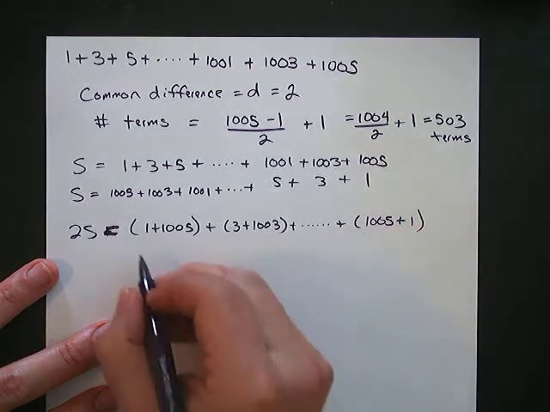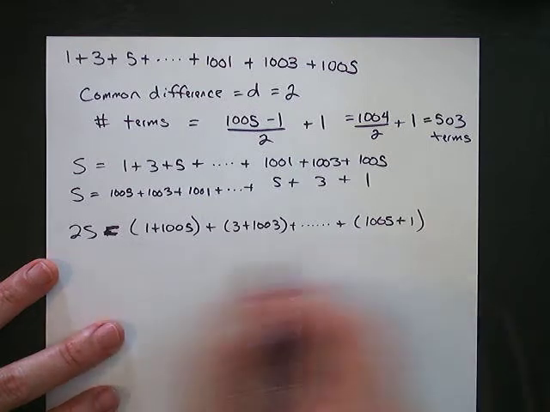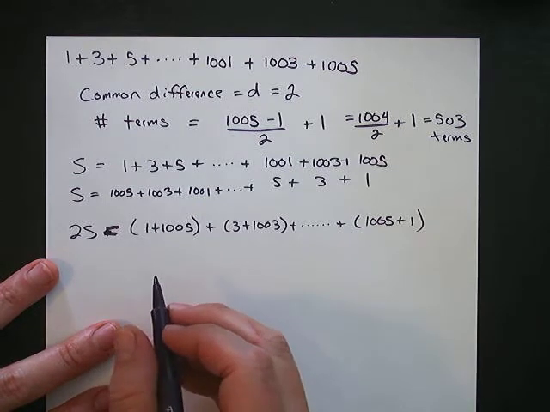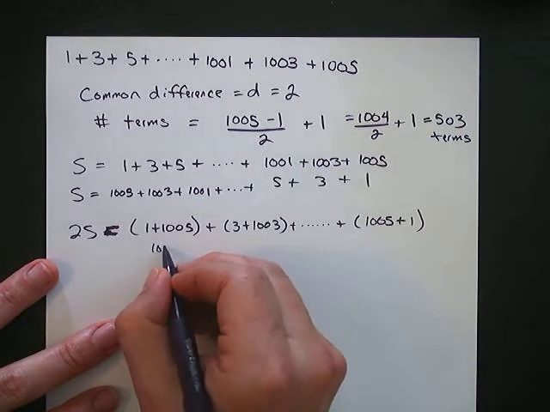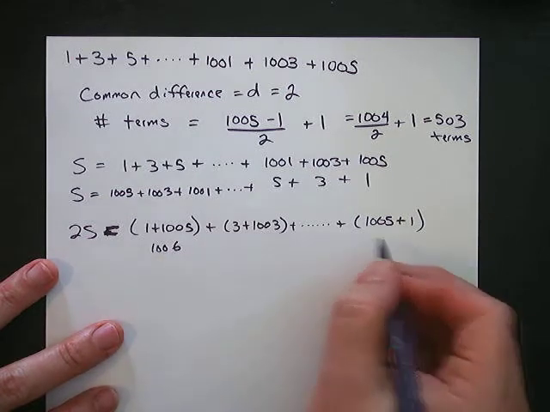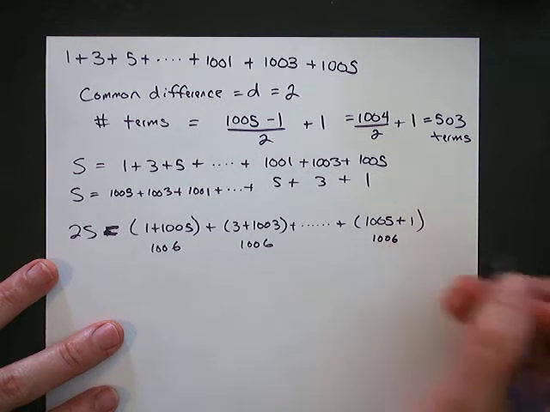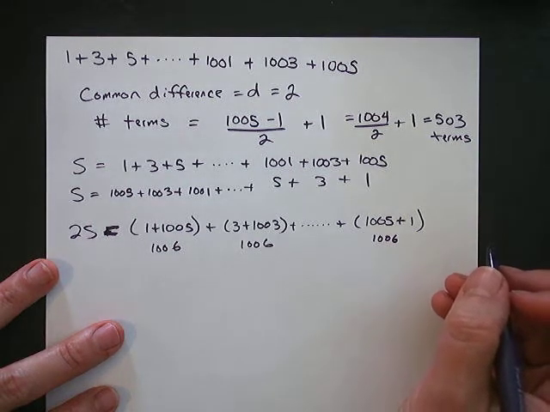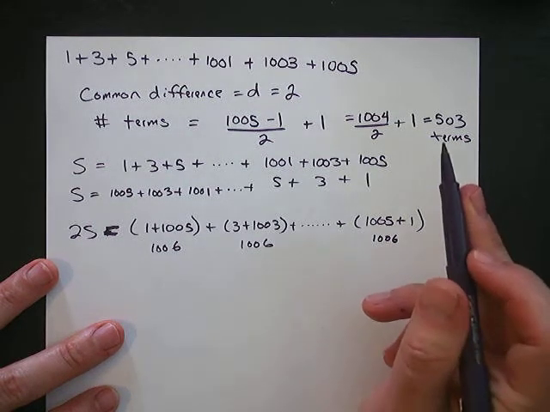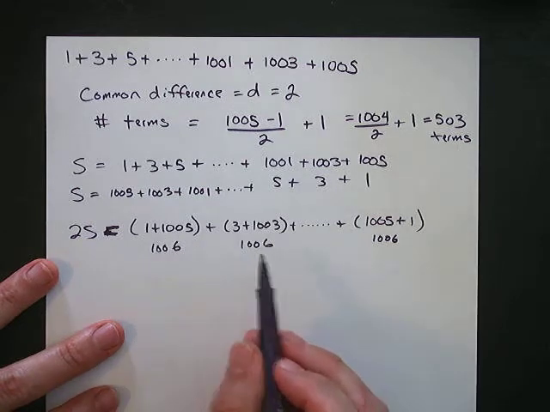Okay, so how many of these terms do we have, and how much is each one of them worth? Well, we know that each one of these adds up to 1006. You can just look at each one of these and see that. So how many of these 1006s do we have? Well, we have 503 terms, so we have 503 parentheses.